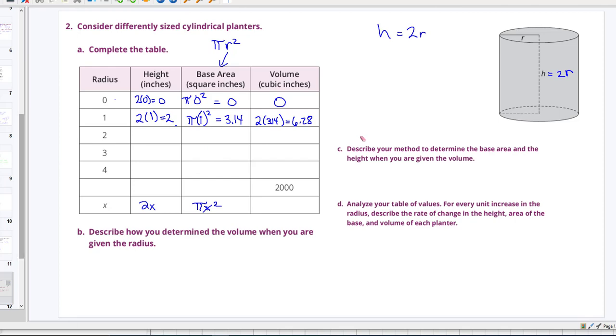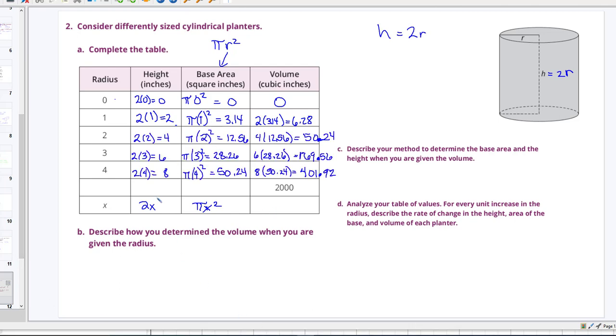And so when you finish that chart, your table should have filled in like this.